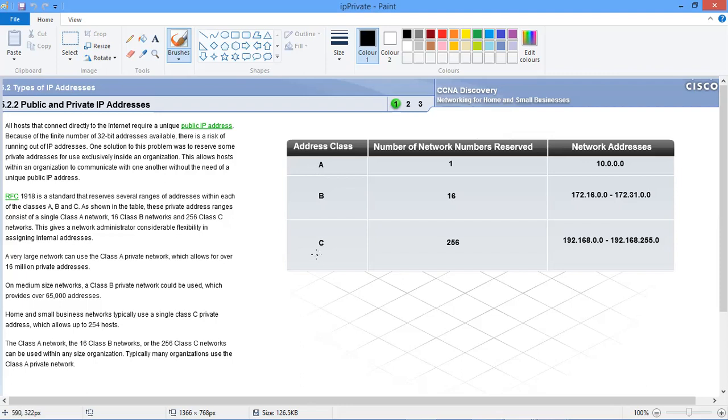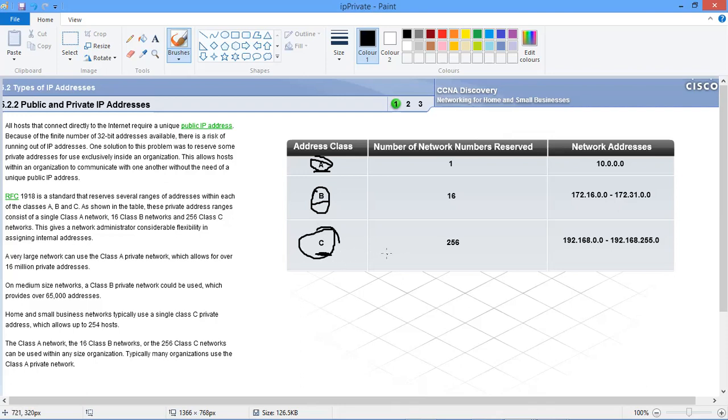Class Cs should be used in small enterprises, where you set up a network in small enterprises. This one is for medium enterprises. This one is for large enterprises like ISPs or multinationals. You can use this one for medium enterprises like NNPC, which spreads around the nation. And this one is for small companies.